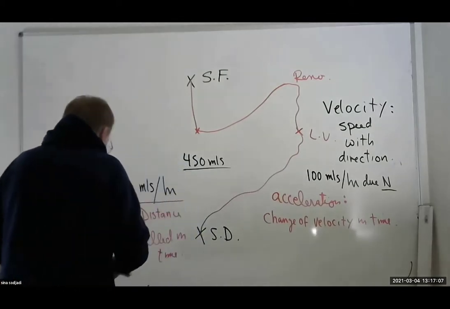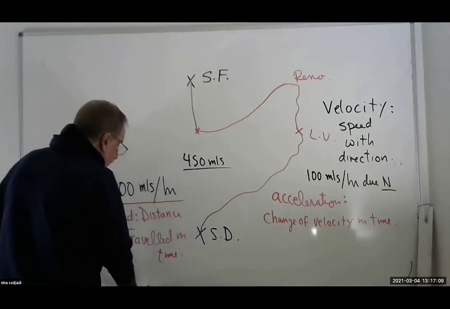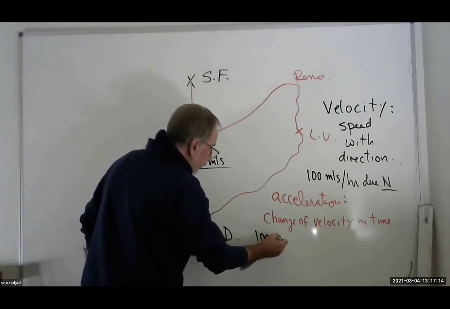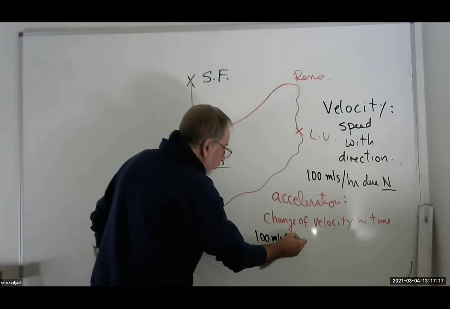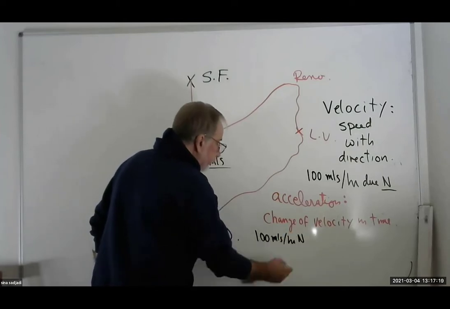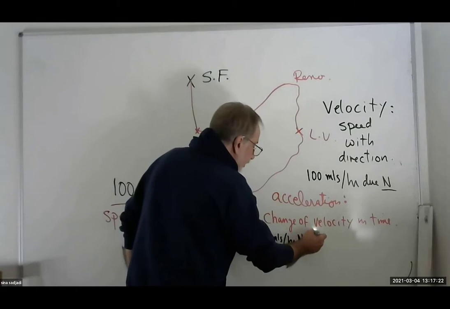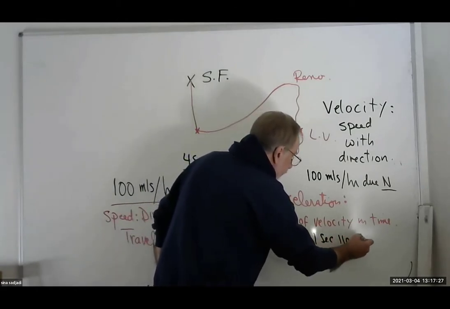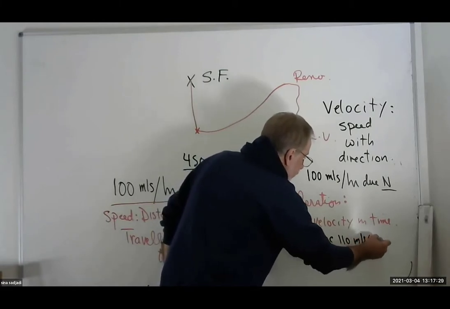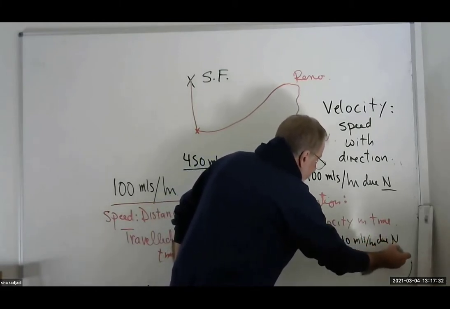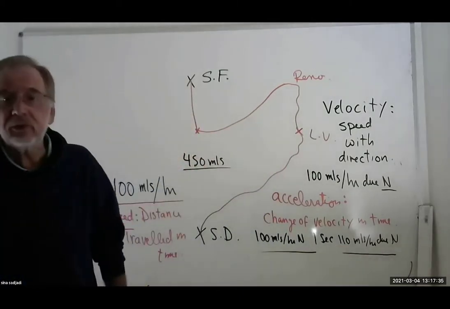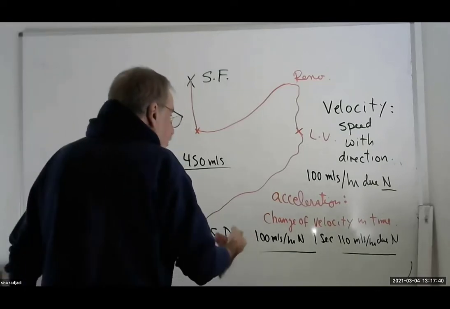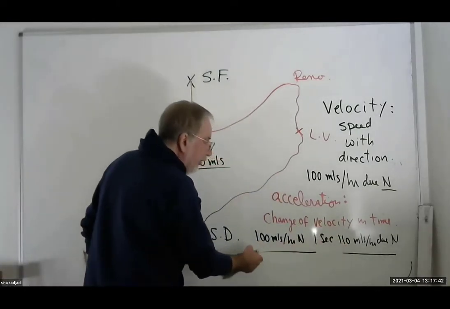Remember, I was going at 100 miles per hour due north, right? And then 1 second later, I'm going 110 miles per hour due north. All right, so what is my acceleration now? Let's see, that would be 10 miles per hour.